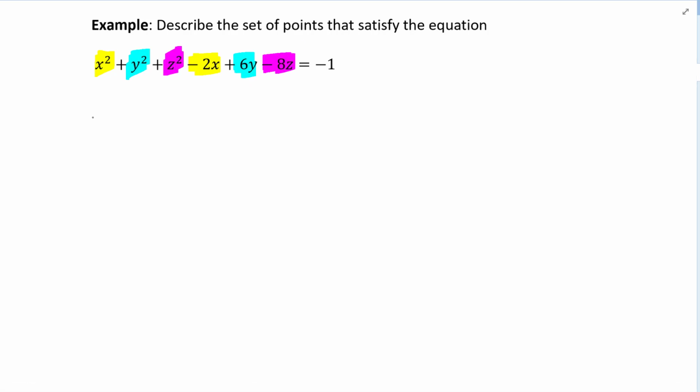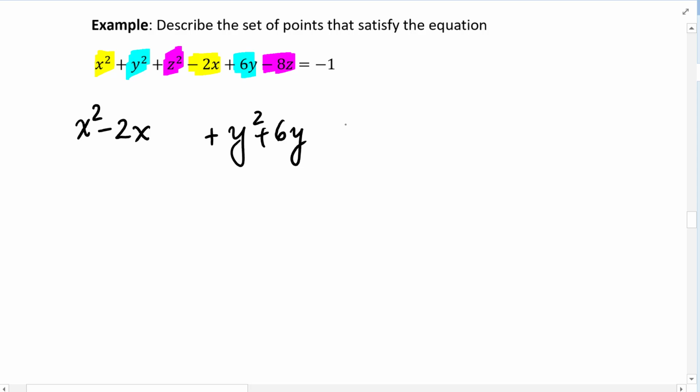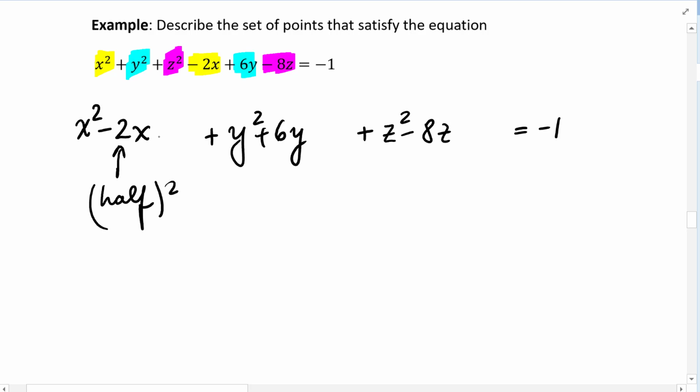So it's going to look like this, x squared minus 2x. And to complete the square, I'm going to leave a little bit of space first, plus y squared plus 6y, leave a little bit of space, plus z squared minus 8z equals negative 1. So now, half of this squared is plus 1, but I have to add 1 on this side to balance my equation.